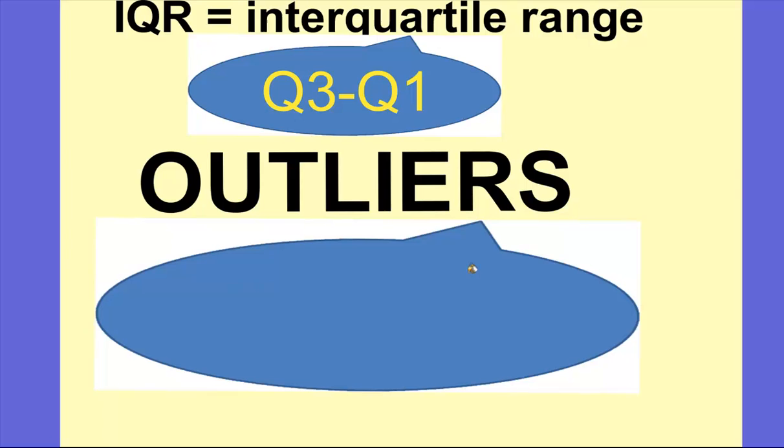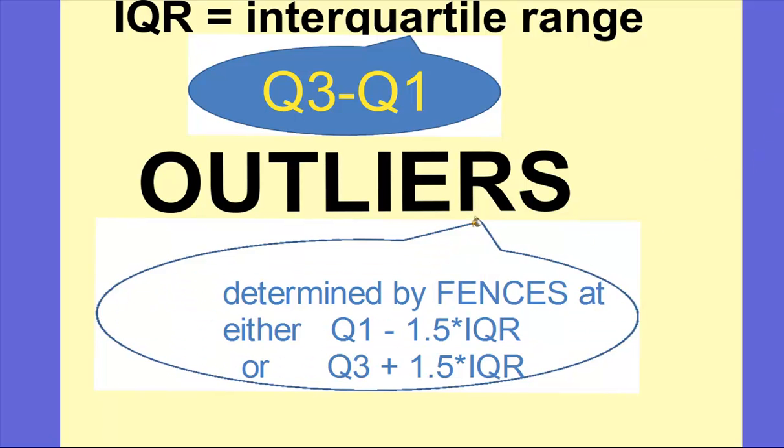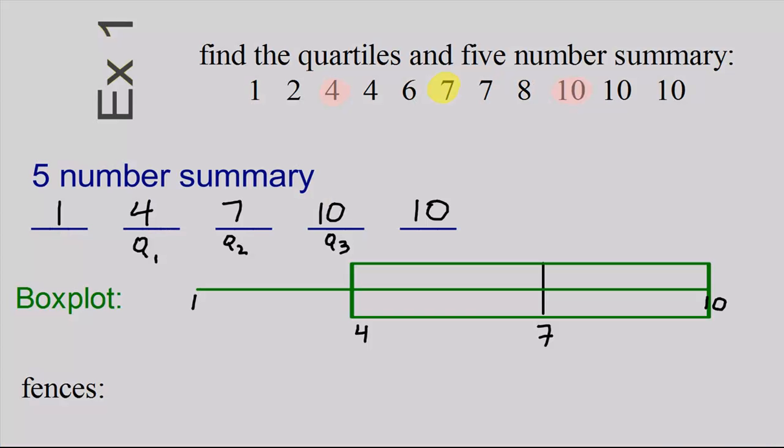The outlier formula is based similar to that, except it's going to use Q1 and it's going to subtract 1.5 times the IQR. The upper fence would be Q3 and it's going to add 1.5 times the IQR. So let's use those formulas and go back and finish our fences on example 1. So my fences, the upper fence and the lower fence.